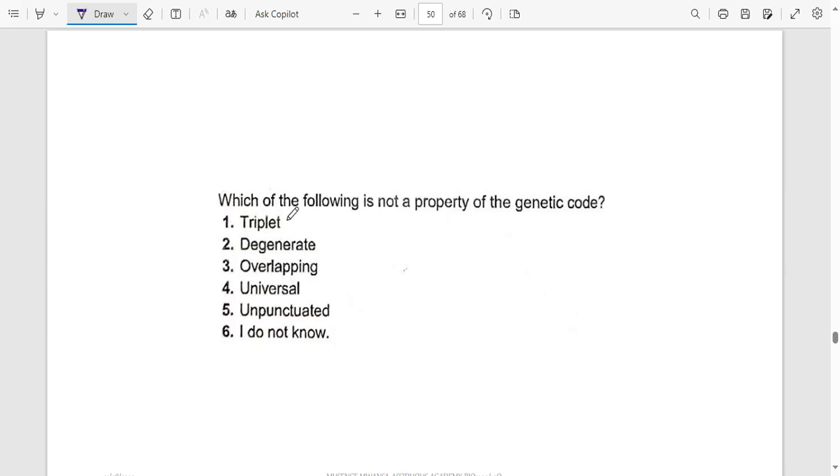Triplet. Is that true? Degenerate. Is it true? Overlapping. Is it true? Universal. Very good. Unpunctuated. Okay. So that is that.